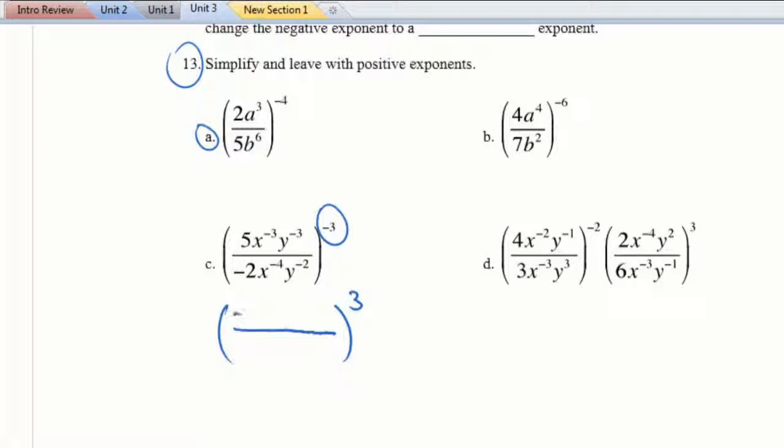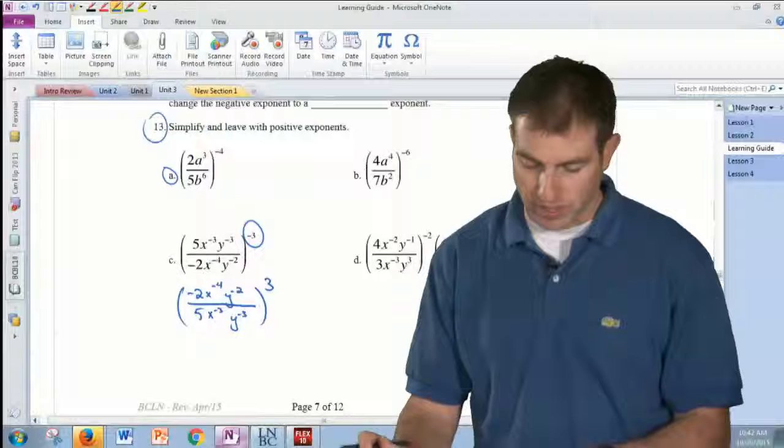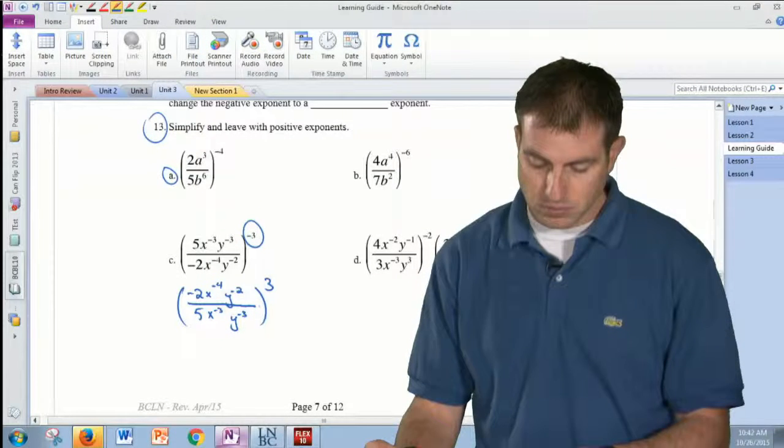So I had a -2x to the -4, y to the -2. That was all on the bottom. Now it's on the top. I had a 5x to the -3, y to the -3. That was all on the top. Now it's on the bottom. So what I've done is I've just taken the reciprocal of everything inside that bracket.